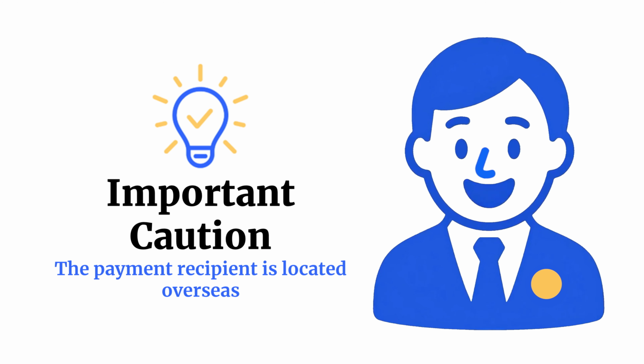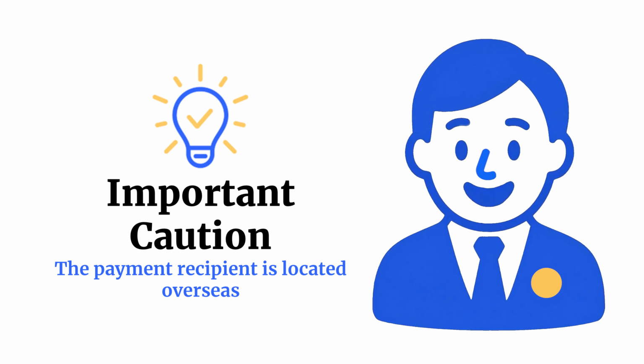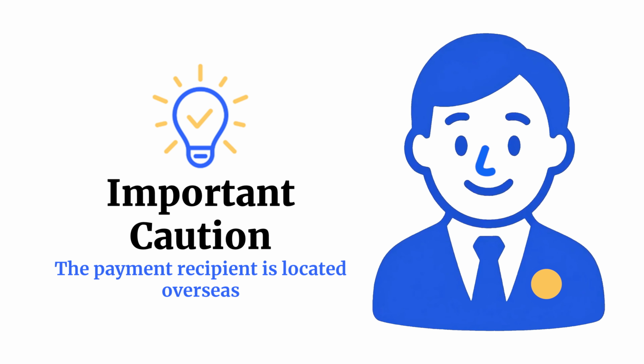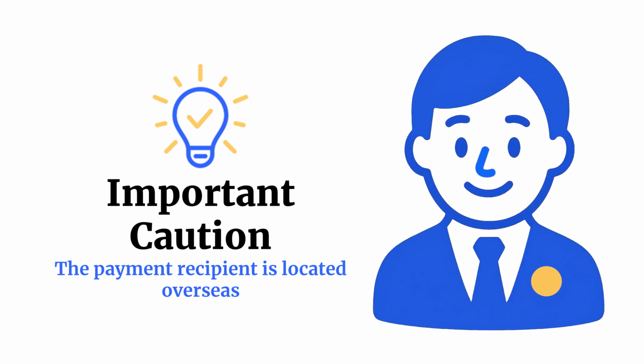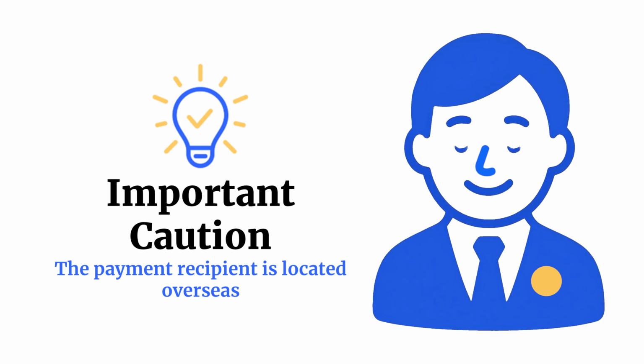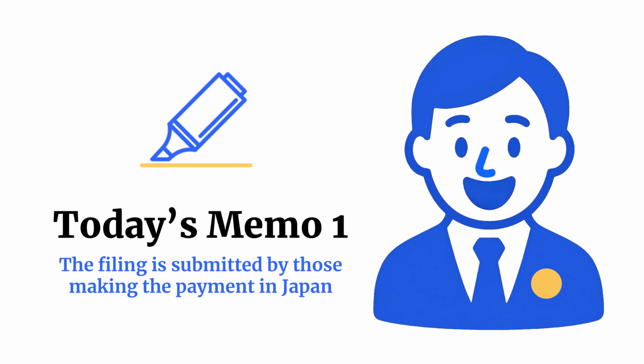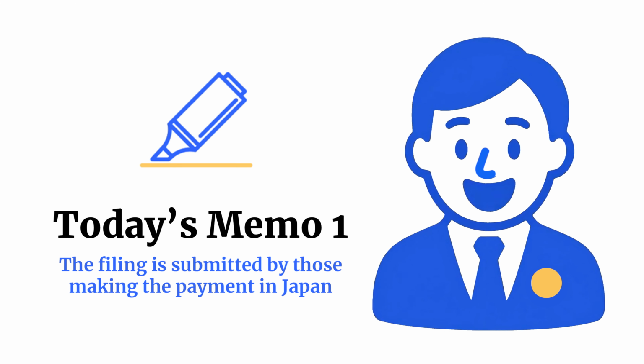So, when is this form required? There are only two major categories of recipients involved. One is foreign corporations, meaning companies based overseas. The other is non-residents, meaning individuals living outside Japan.